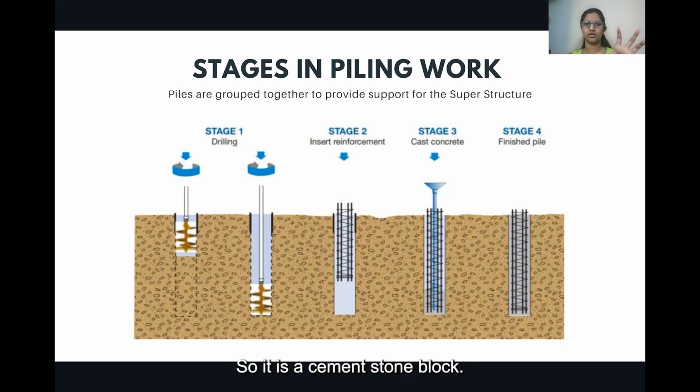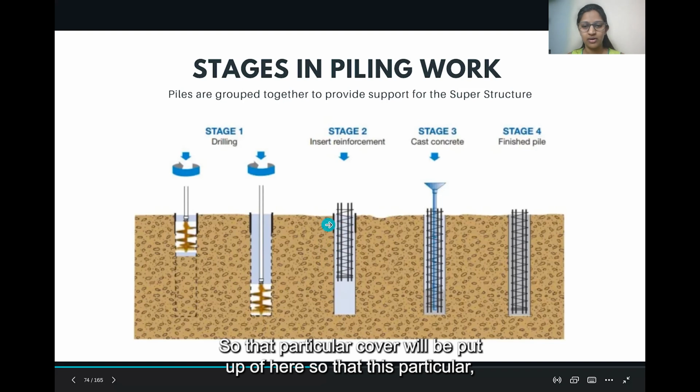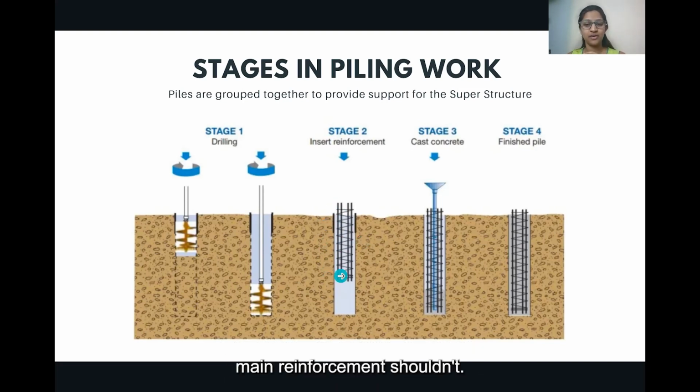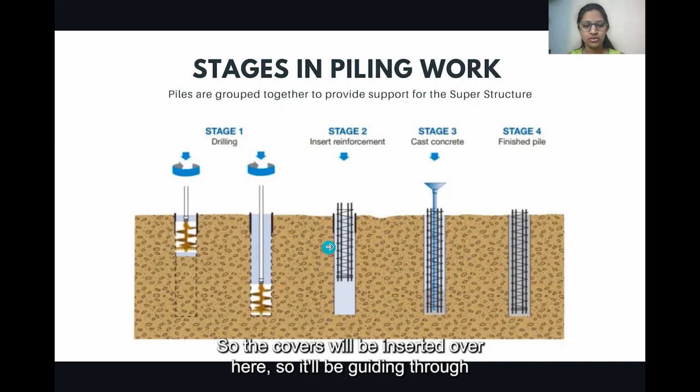So it is a cement stone block. That cover will be put up over here so that the main reinforcement shouldn't be touching the complete corner of it. That is the whole purpose of the cover that we will be providing. The covers will be inserted over here, guiding it across without touching the boundaries of the pile that has been drilled.